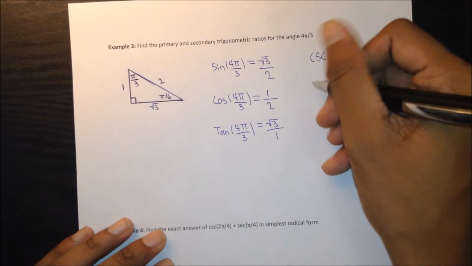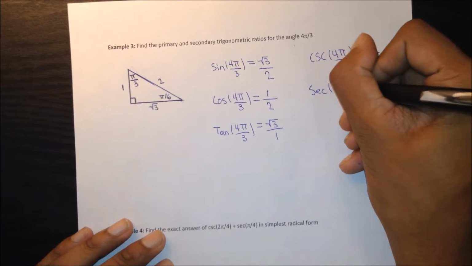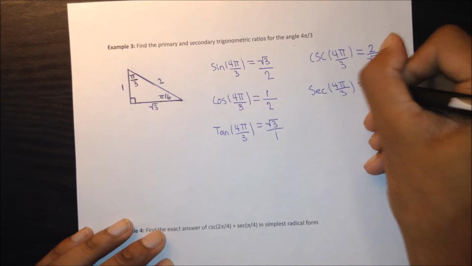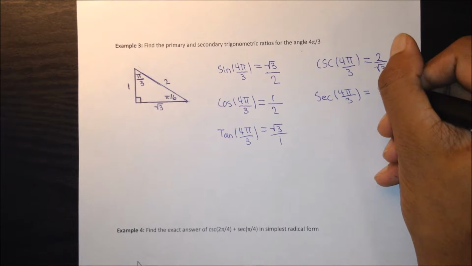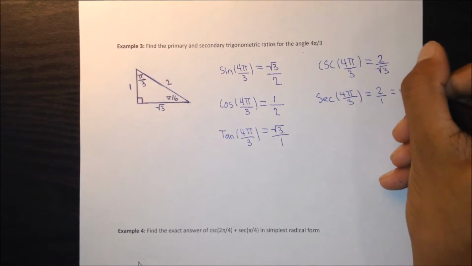Now let's find secant 4 pi over 3. If secant is the inverse of cosine, then we know that our answer would be 2 over 1. We can simplify that to 2.